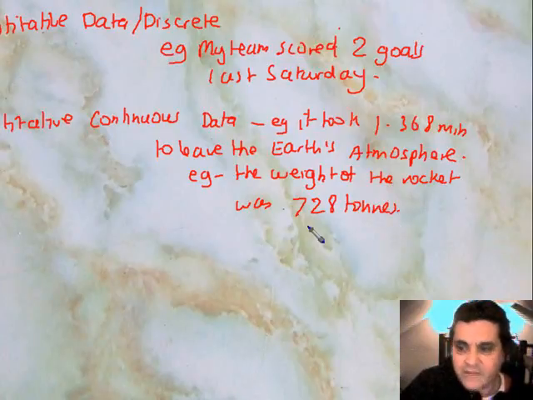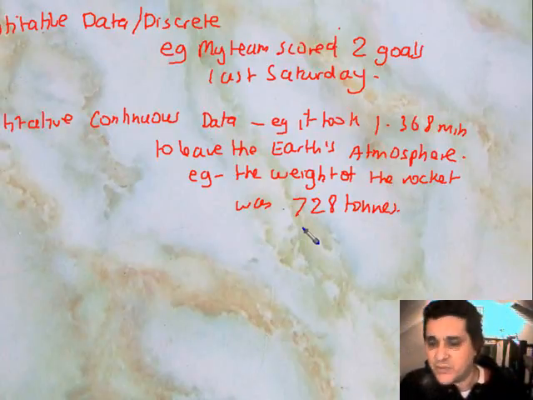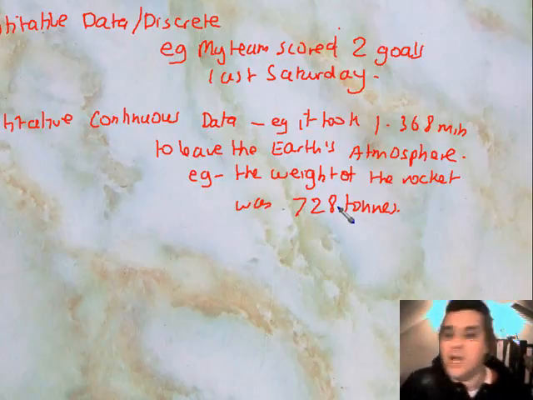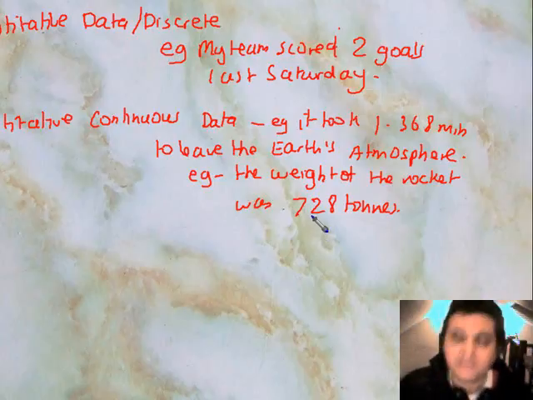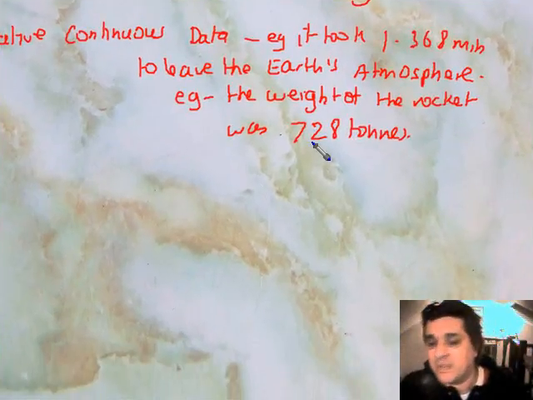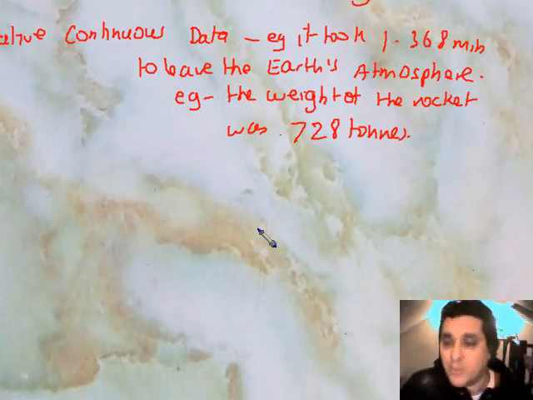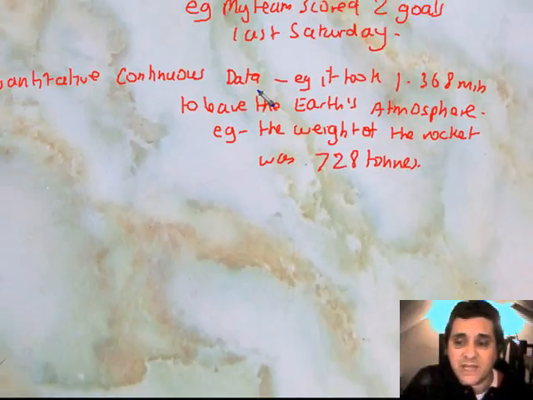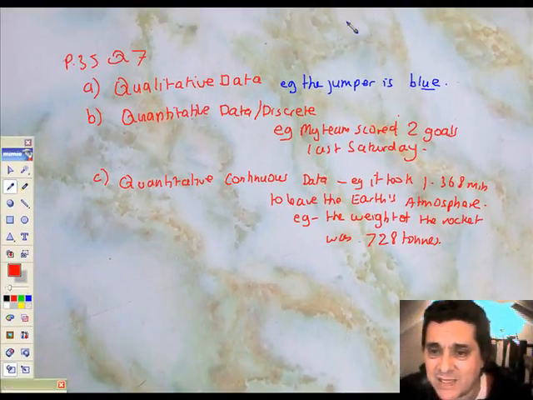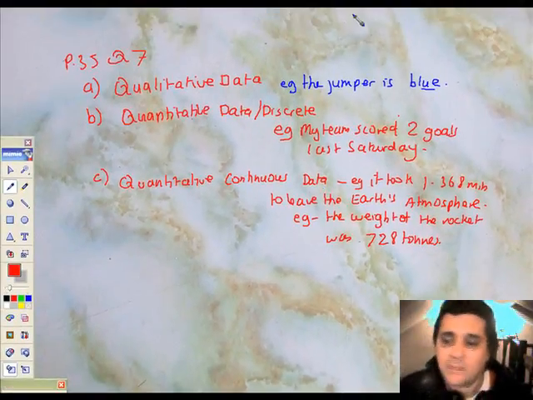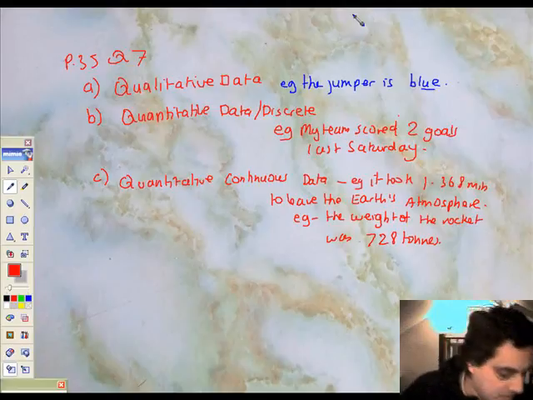Now I know I've given that as a whole number and it appears to be discrete, but it doesn't have to be a whole number of tons, or kilograms, or even grams. So it's a number that does not have to be a whole number, although I'm quoting it as one. It's quantitative, and it is continuous, because of the nature of the piece of data.